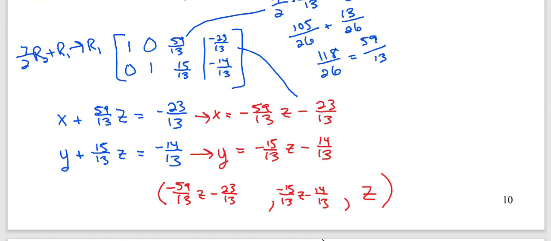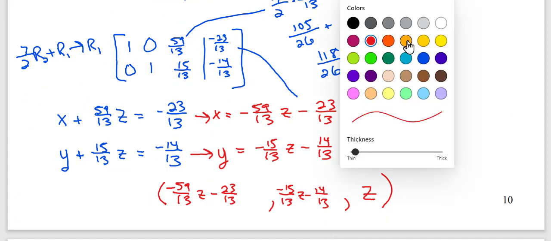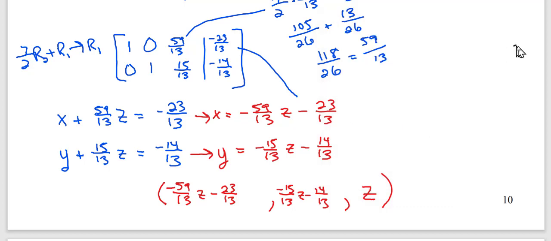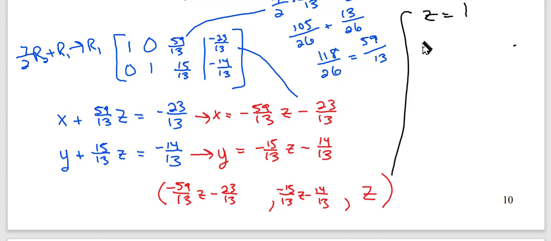Finding two particular solutions just means you plug in a number here. So let's go here. I might say let z equal 1. I don't know. Then x will equal negative 59/13 times 1 minus 23/13.